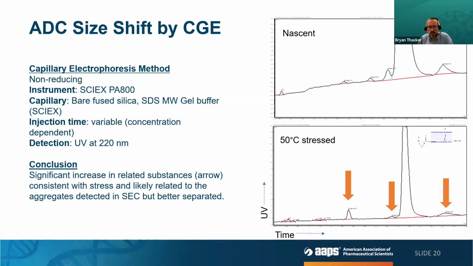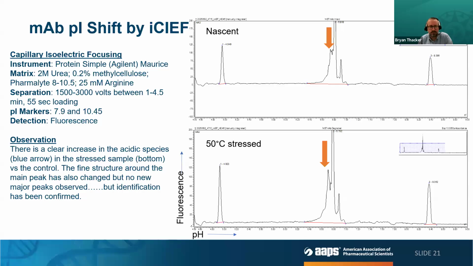Okay, let's go to the next slide, Jessica. Another method that we can use is isoelectric focusing, and that's shown here. So in using this method, we're separating the molecules within a pH gradient, allowing them to separate by their pI.